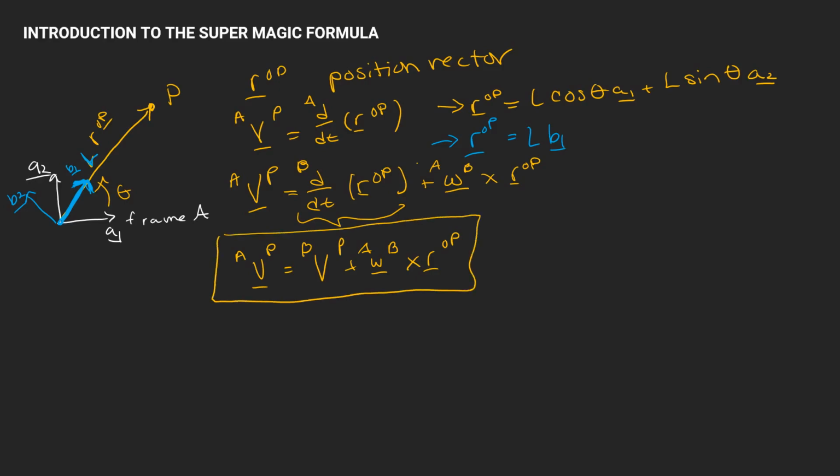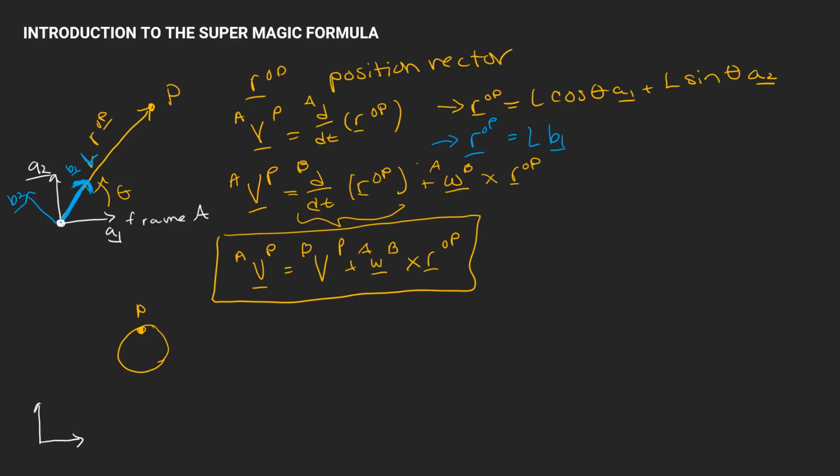for calculating the velocity. But importantly, this is true when frame A and frame B share the same origin. Now, of course, there are other cases when we have a rotated frame and it doesn't share the same origin as our fixed frame. For example, if you remember the power button on the DJ Roomba example.